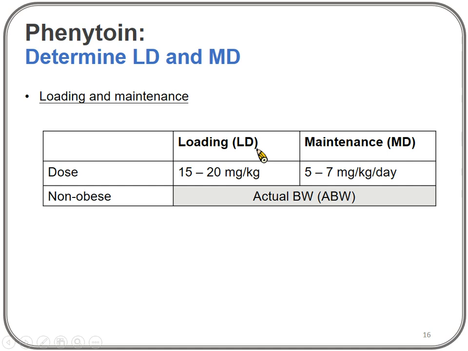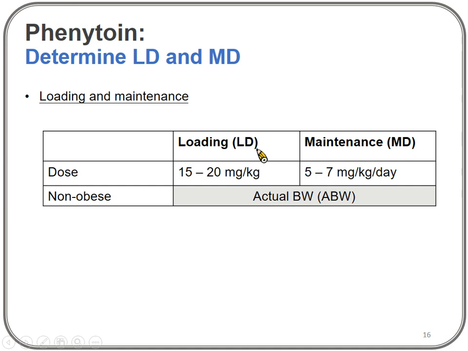So the loading dose normally is higher than the maintenance dose, as in antibiotic concepts, and so in anti-seizure medications. The common phenytoin loading dose is between 15 to 20 milligram per kilogram, and the maintenance is normally half to a third of it, so from 5 to 7 milligram per kilogram per day.